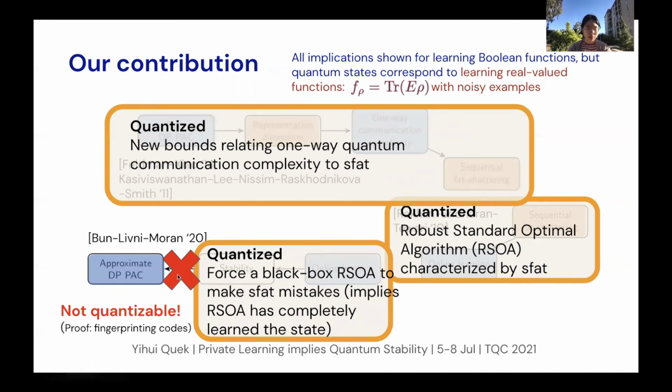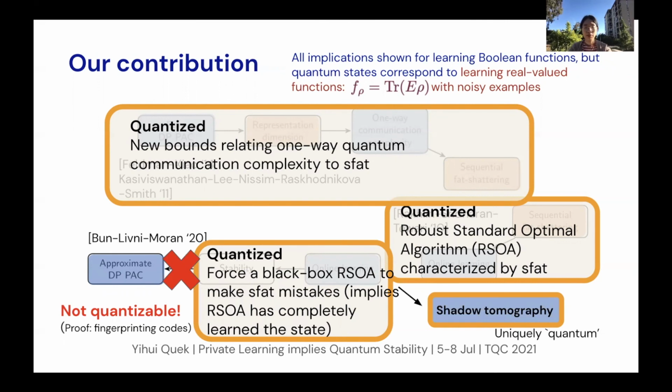And the proof of this comes from the idea of fingerprinting codes. And the last thing we did was we also introduced what you might call a uniquely quantum learning model into this web of implications, which is the model of shadow tomography. And in shadow tomography, what happens is that you have a set of m possible measurements that you could do on a quantum state and a class of quantum states on which you want to predict the acceptance probabilities of each of these m measurements.